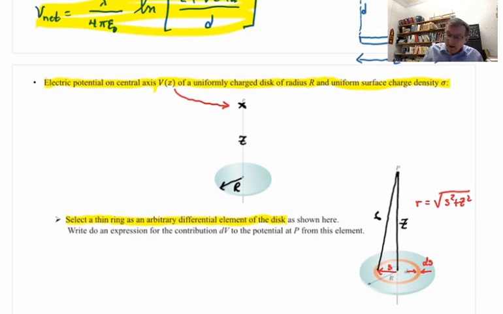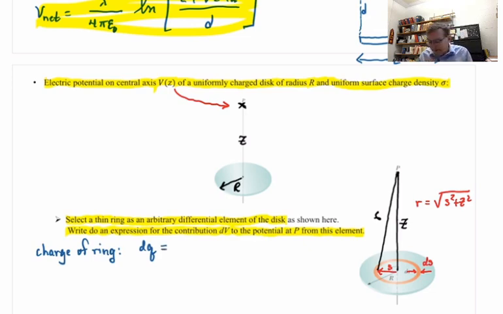All right, so now that we've drawn a differential element, we've chosen a ring, we're going to write down an expression for the contribution dV to the potential at point P from this element, this ring. And probably the first thing we want to do is write down an expression for the charge of that ring. I'm going to call that amount of charge dq because it's an infinitesimal width. All right, now let's not overthink it.